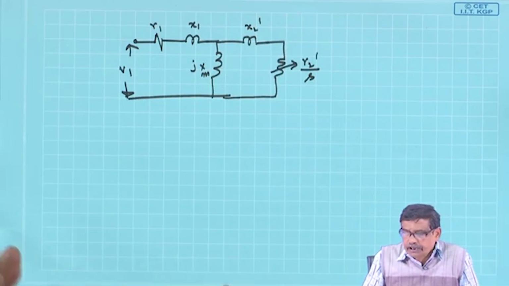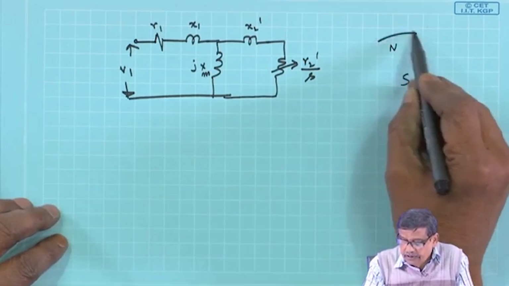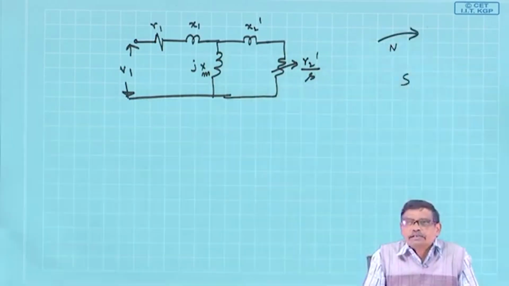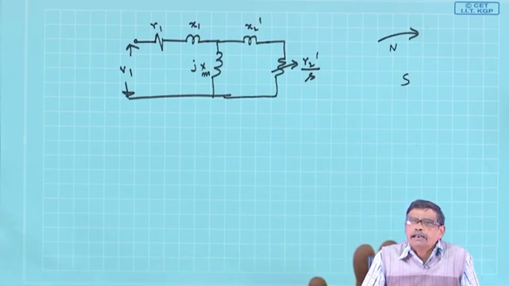I can always find out: if there is a rotating field, I do not know who has created it. I can always think it has perhaps been created by a 3-phase balanced winding. Why not?